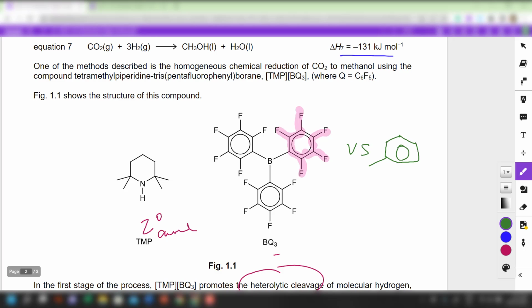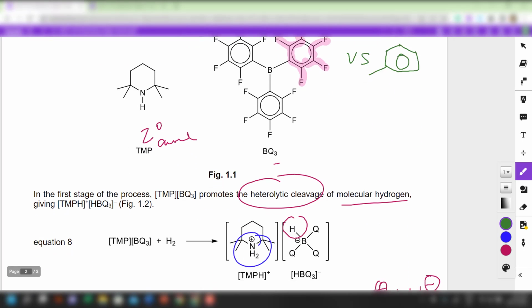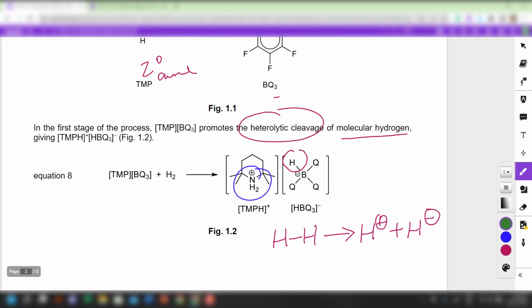Making it highly electron deficient thus allows it to act as an extremely strong Lewis acid, so much so that it might be able to explain why the heterolytic cleavage of molecular hydrogen is possible, because it will make even a very unpolarizable hydrogen molecule polarized, and this will result in heterolytic cleavage. So this is the key idea you need to be able to appreciate.